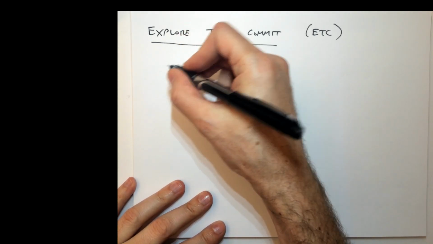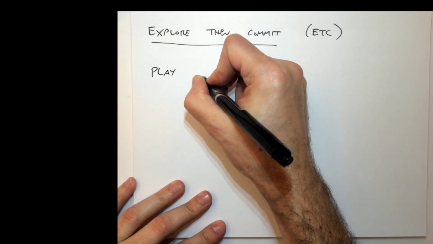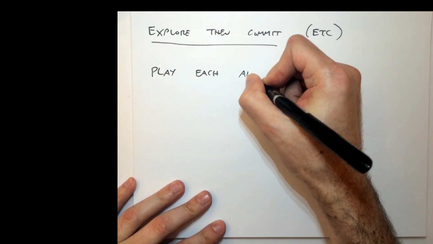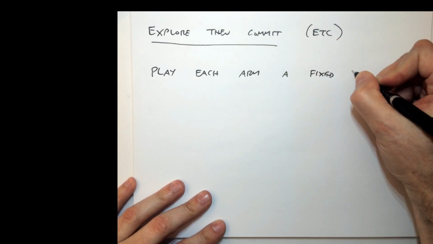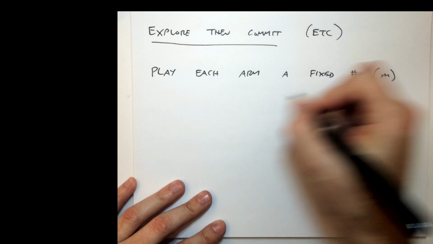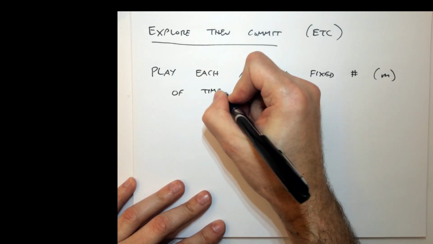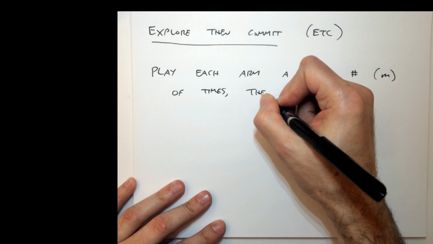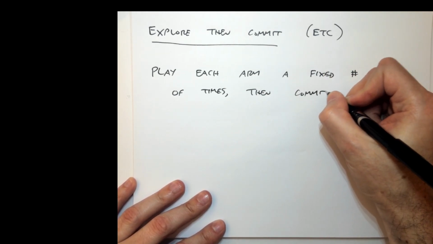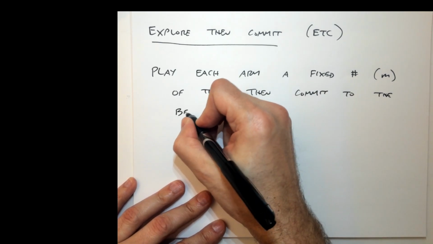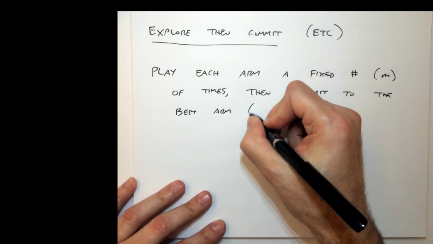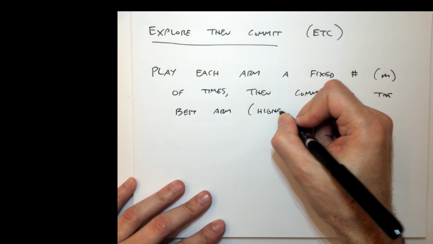So the idea is to play each arm a fixed number, let's call it M, of times, and then commit to the best arm, meaning the one that has the highest mean.